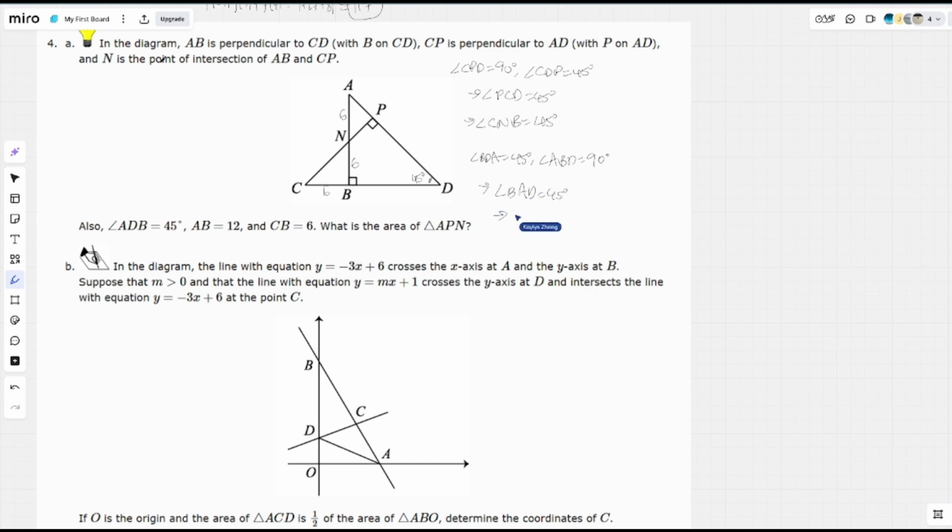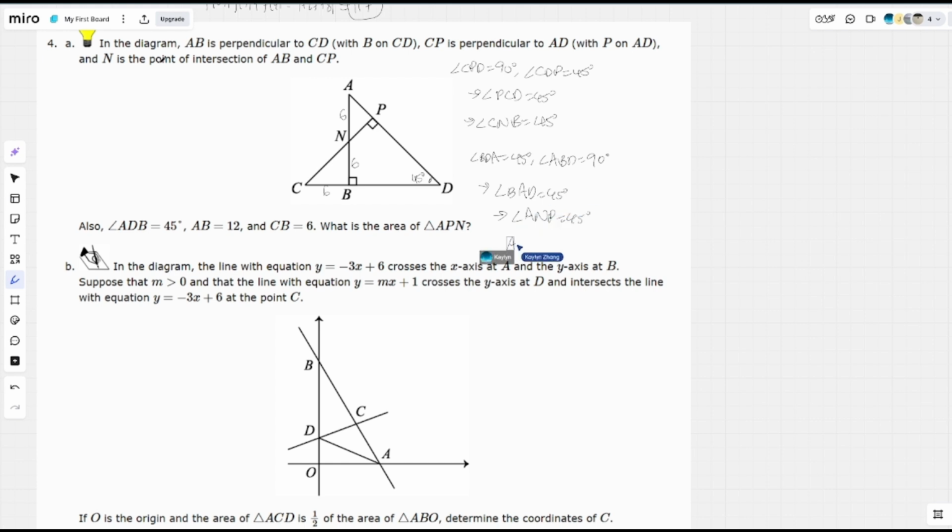And then after you know that, you can see that angle ANP is also equal to 45 degrees. So that means that triangle APN is a 45, 45, 90, or 1, 1, root 2 triangle.